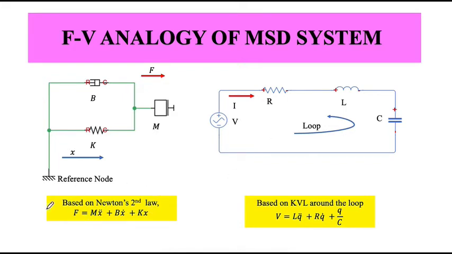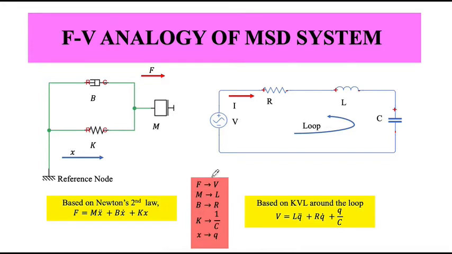So I have a force as an input, and voltage as an input. The force produces a certain displacement. Here voltage results in some charge, and the single differentiation of Q is current, and so on. Therefore I could say that force here is equivalent to voltage.